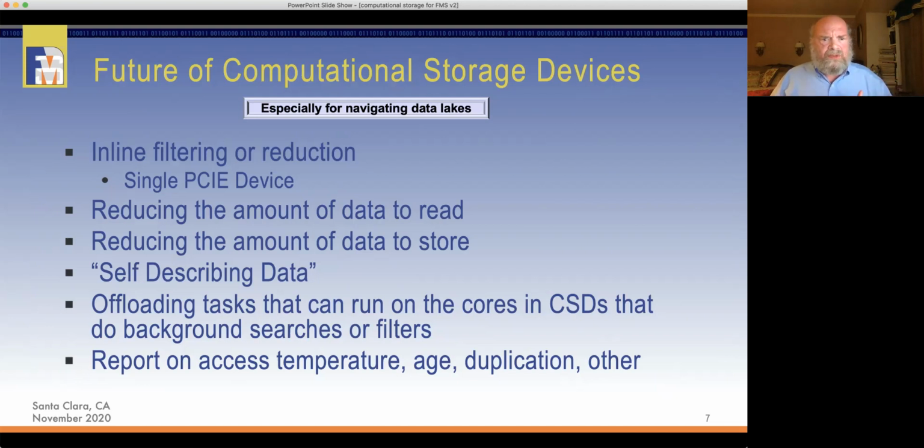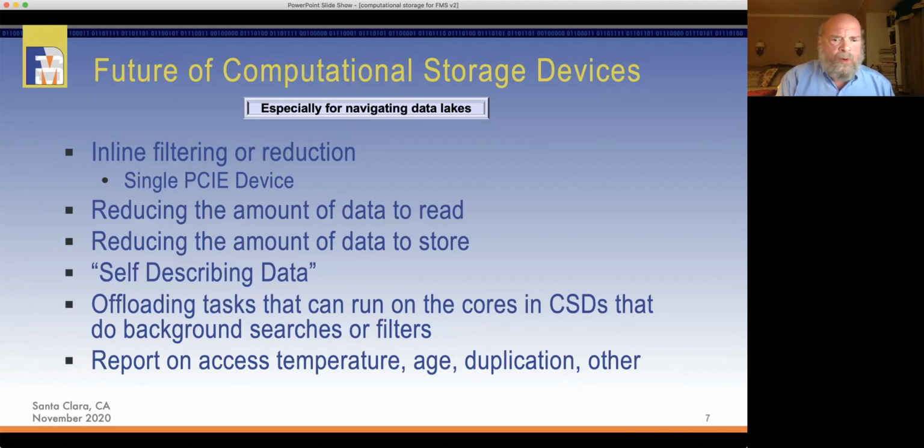What's also, I think, very possible is to take tasks which today take quite a bit of processing and offload those onto cores inside the computational storage device. And they can do background searches, filters, and really background jobs, software that can run, or functions in the FPGA.